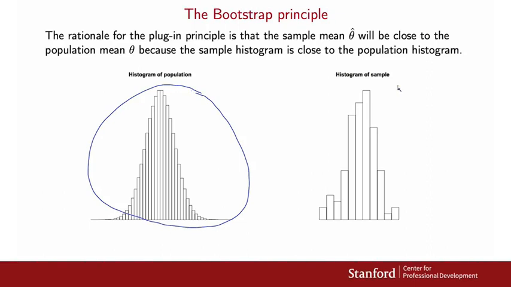We looked at the histogram of the sample, and we used the average of the sample histogram in place of the average of the population histogram. The reason why this works is because the histogram of the sample tends to look very similar to the histogram of the population. That's really the key idea behind the bootstrap. And we will see how this idea can be used in all kinds of complicated situations.